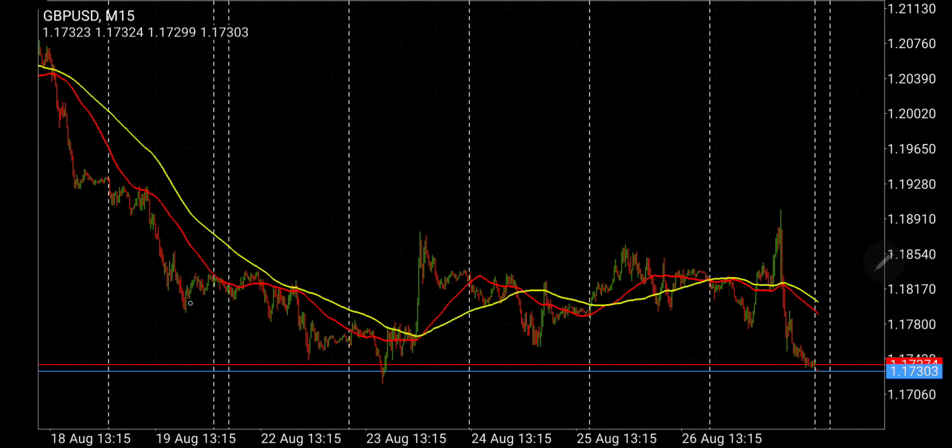So I know this was Friday's low. If I draw that line here, that whole thing was Friday's low. Anytime I know that particular line is very important, it acts as a support or a resistance.